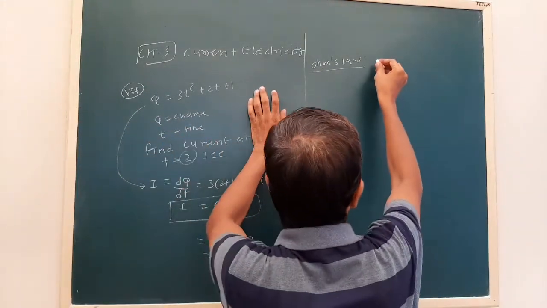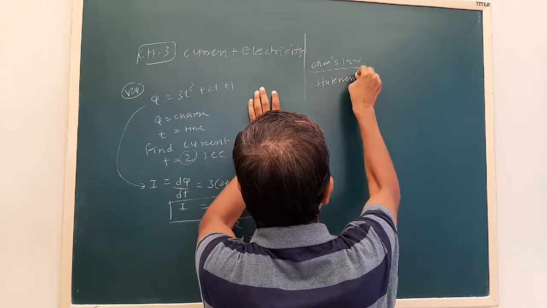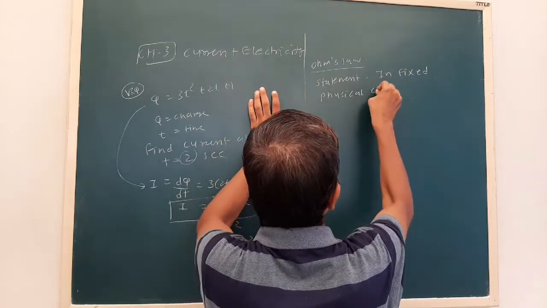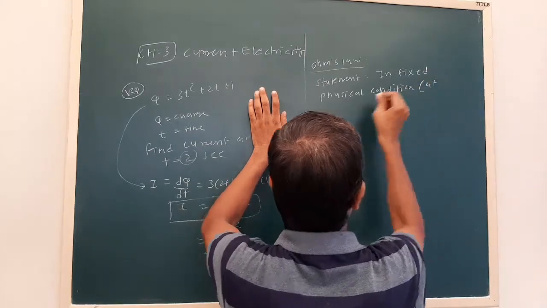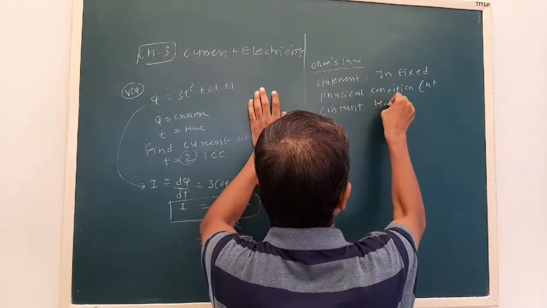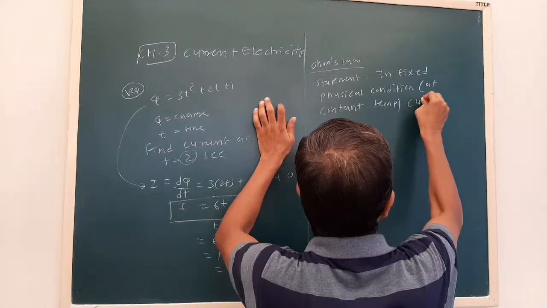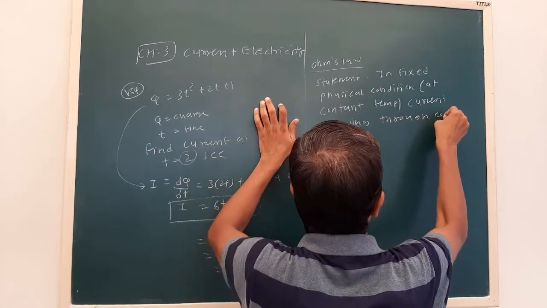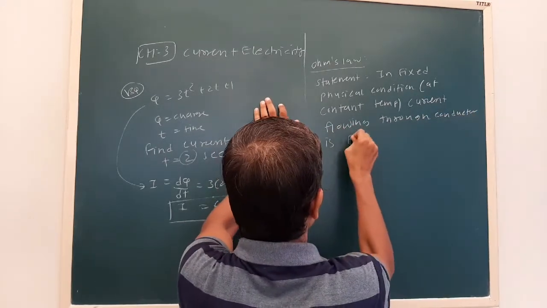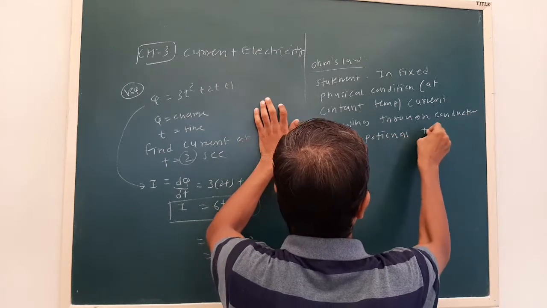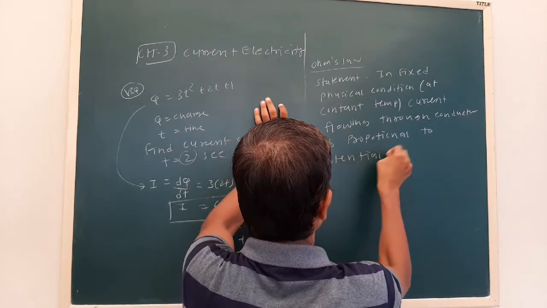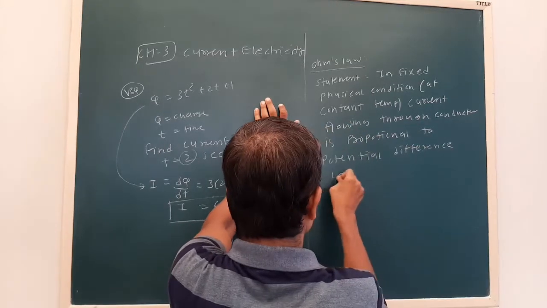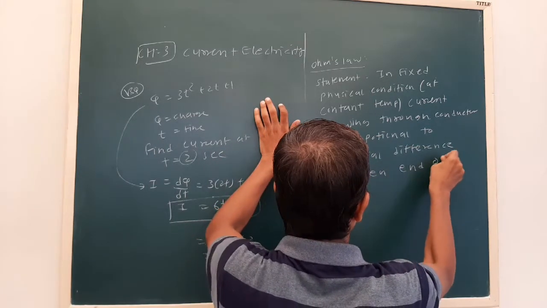Now see the statement: in fixed physical condition, that is at constant temperature, current flowing through a conductor is proportional to potential difference between the ends of the conductor.